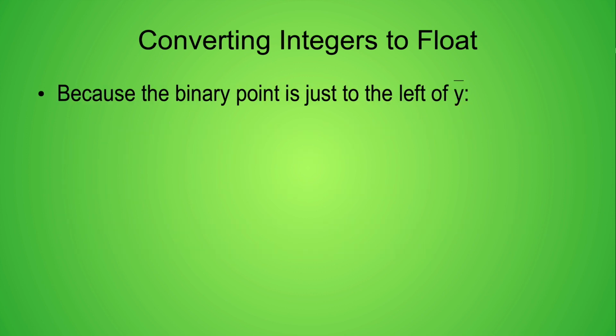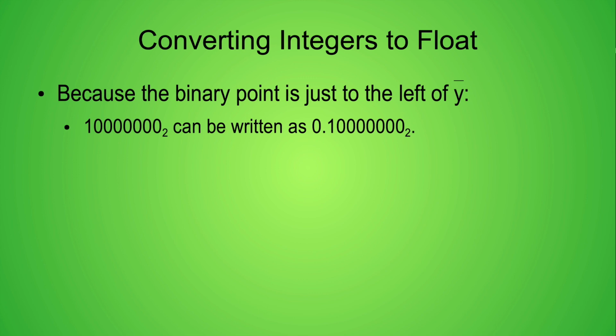Because the binary point is just to the left of the Y bits, Y bar is the fractional part of sig n. This means that the binary value 1 followed by 7 zeros can be written as 0.1 followed by 7 zeros. This value, in decimal, is 1/2.